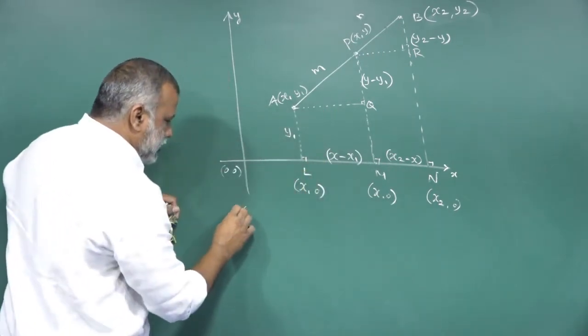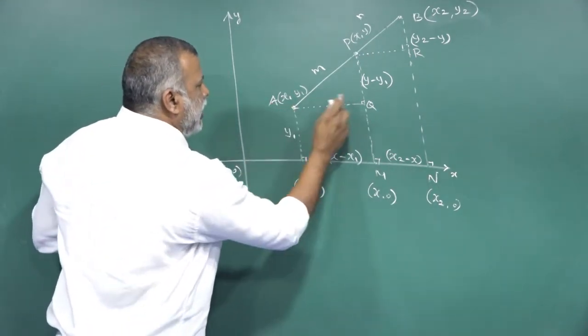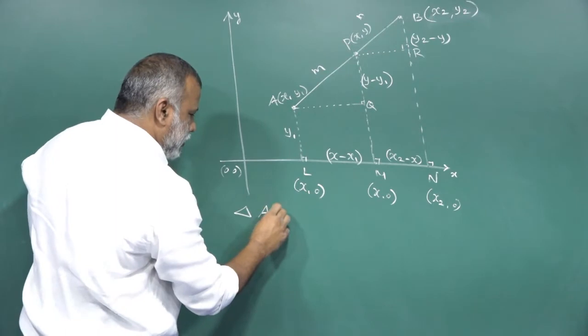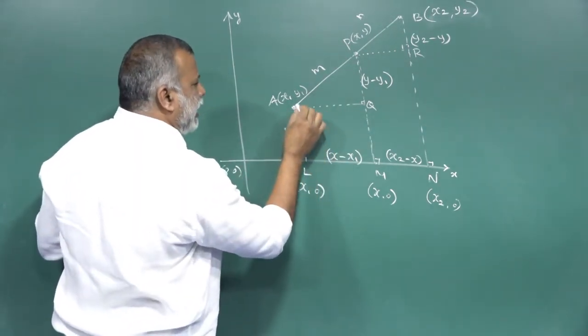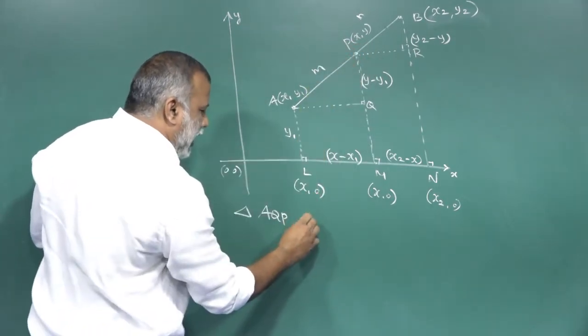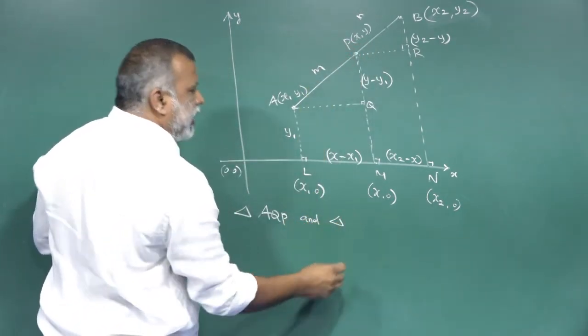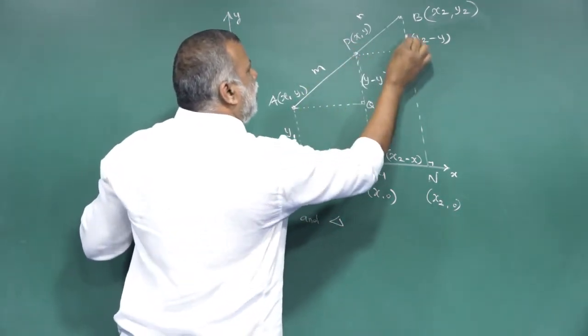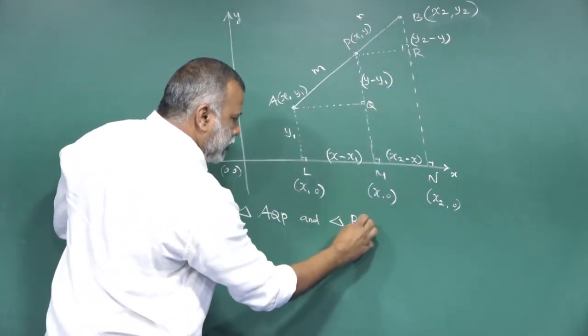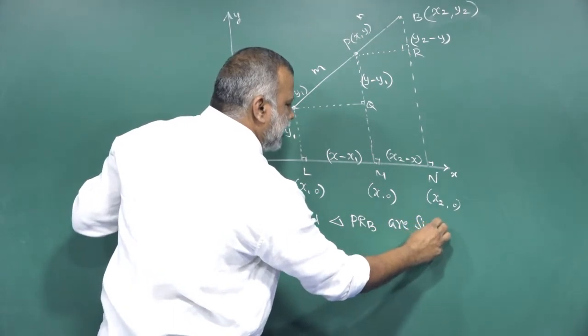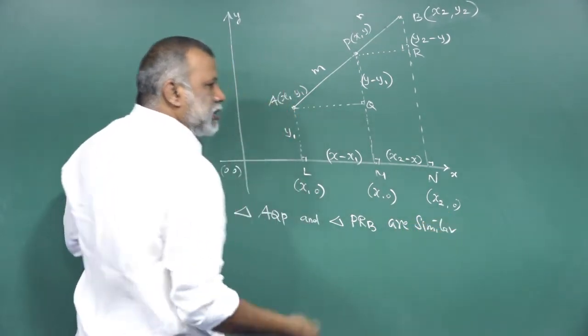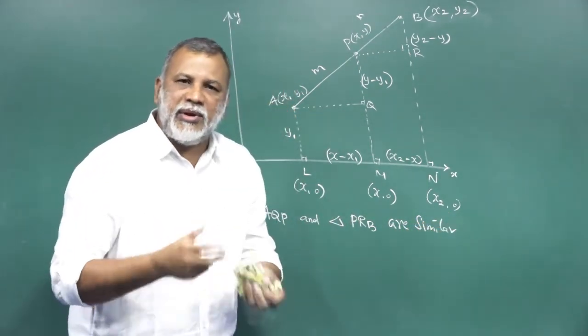I can write triangle AQP and triangle PRB are similar. These two triangles must be similar. You can give any name yourself.